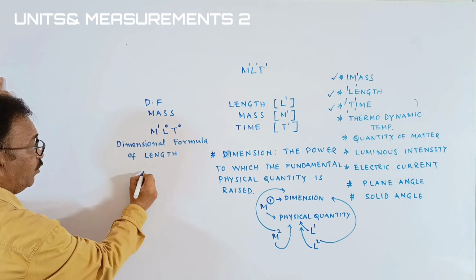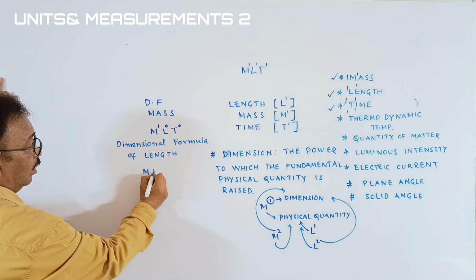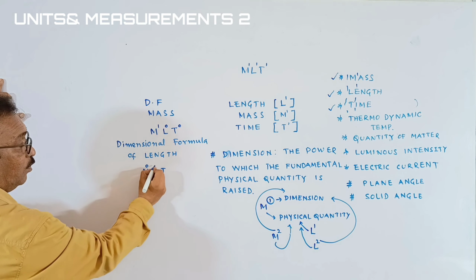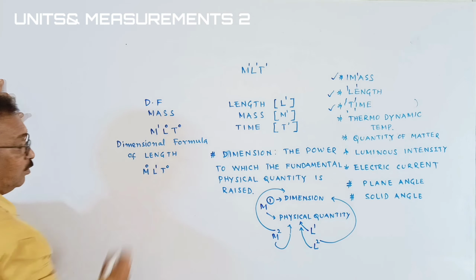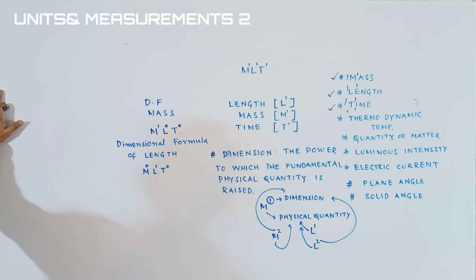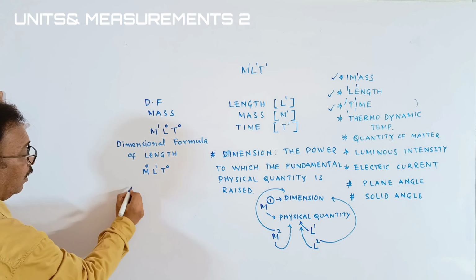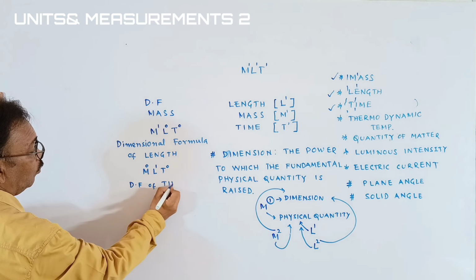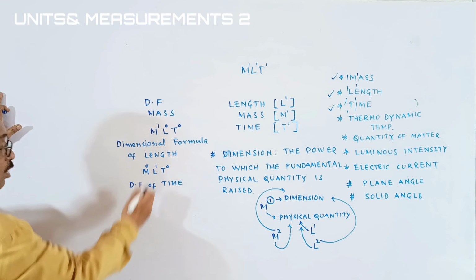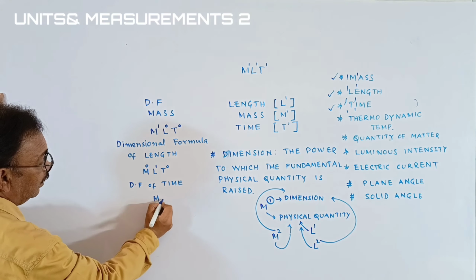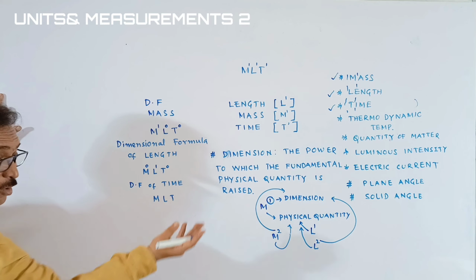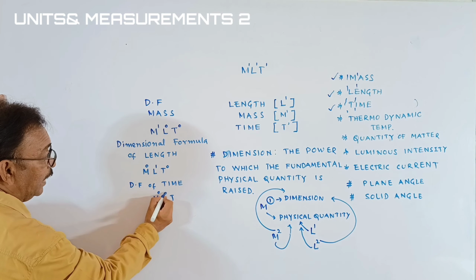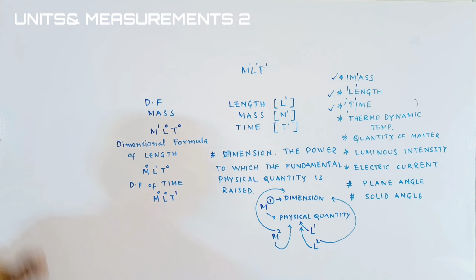The same trick, we have to write M, L, and T. This time, mass is 0, length is 1, and time is 0. Okay, students. And similarly, the dimensional formula of time. We have to choose all the physical quantities here, M, L, T. Then we have to put the powers. M 0, L 0, and T is 1.